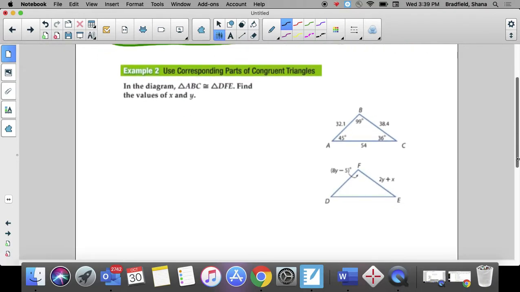In example 2, it says in the diagram, triangle ABC is congruent to triangle DFE. Find the value of x and y. So I want to figure out what parts match. Triangle ABC is congruent to triangle DFE. This tells me what parts go together.